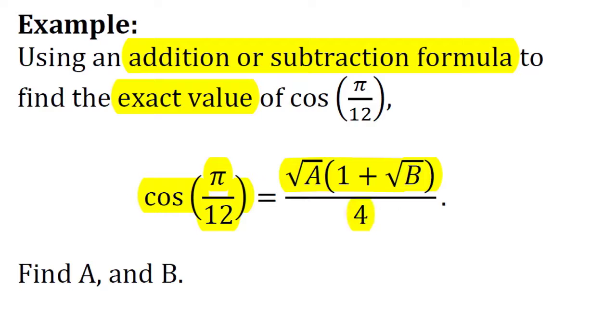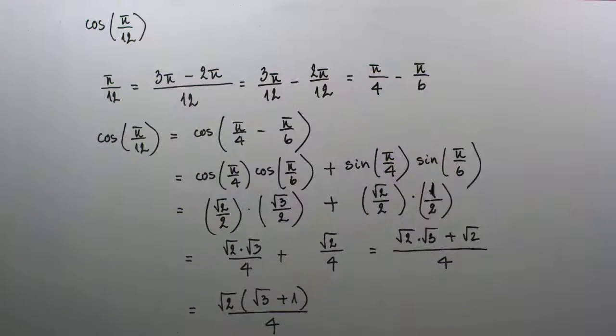So let's give it one more look at our current final answer. Making a direct side-by-side comparison with the required expression of our problem, isn't it obvious that a must be, see, this is square root of a right here, so a must be 2.